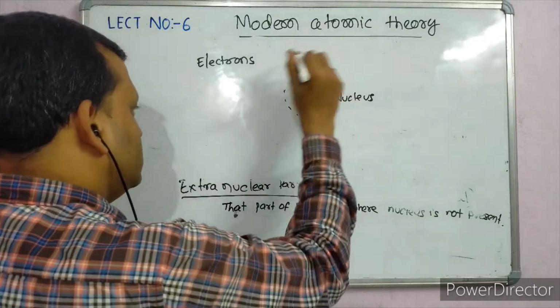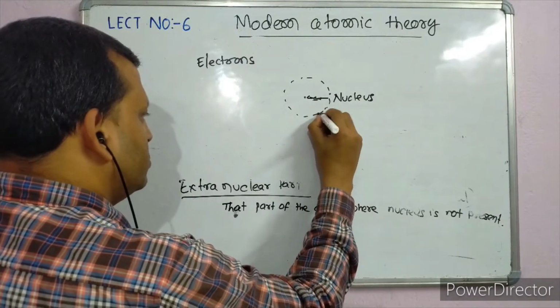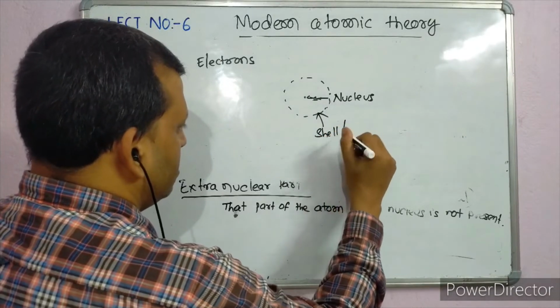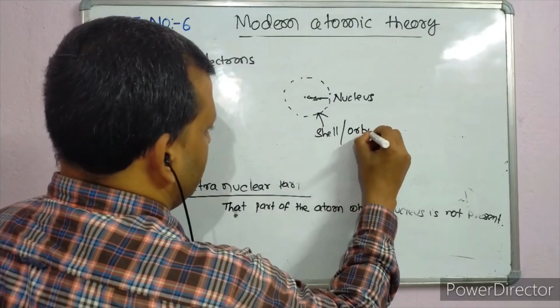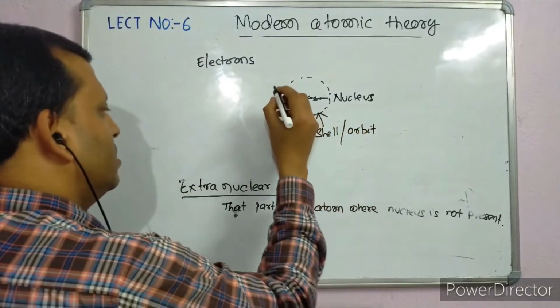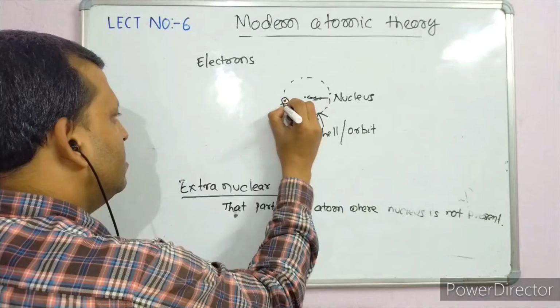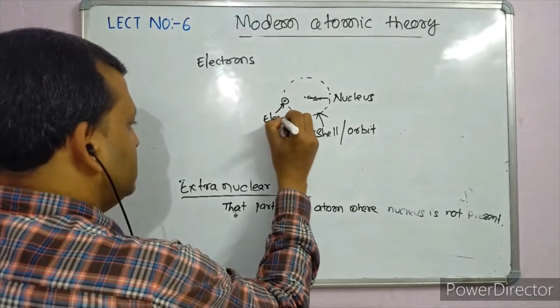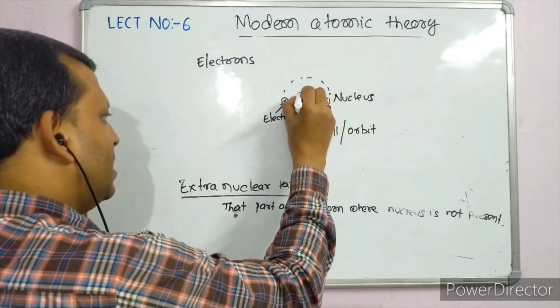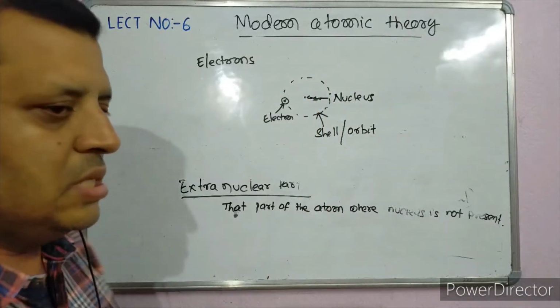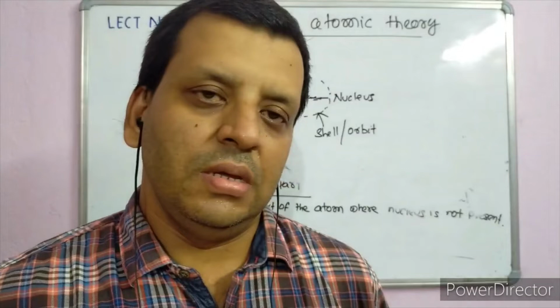This path is known as a shell or orbit, in which our electron revolves. Let me say this is an electron. So this electron revolves around this nucleus in this certain path, which is known as a shell or orbit.